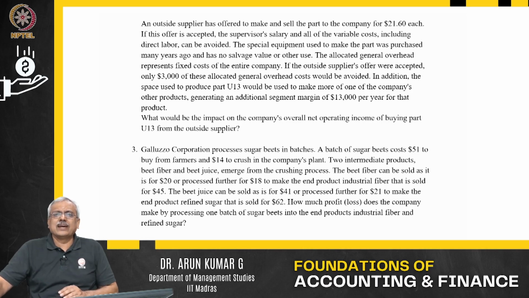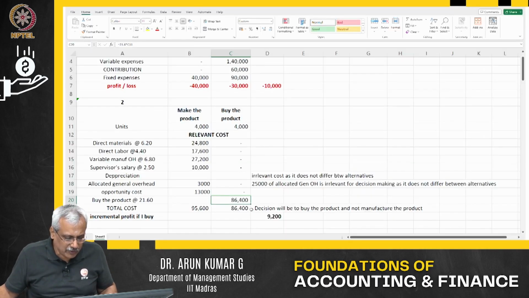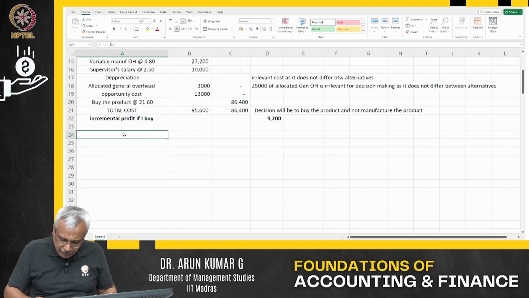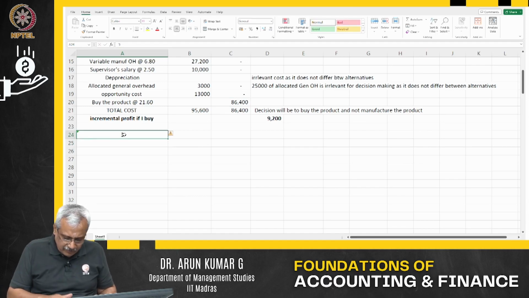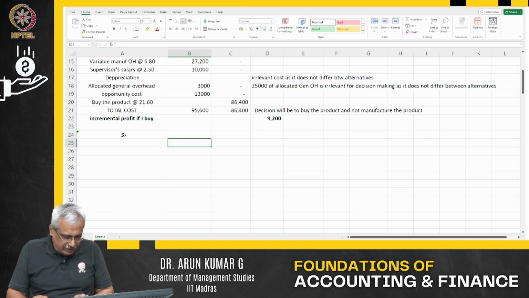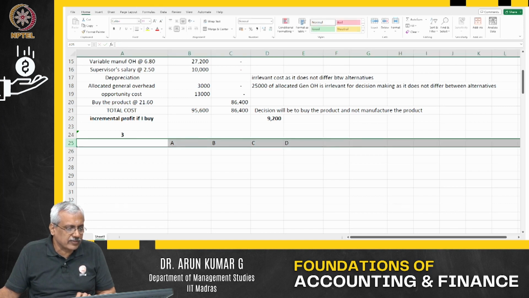Let us look at what alternatives you have in this case. I am just going to go back to my Excel sheet. I am looking at problem number 3, and I am looking at various alternatives: alternative A, B, C, and D. There are 4 different alternatives that I have here, and let us look at the costs associated with these alternatives.